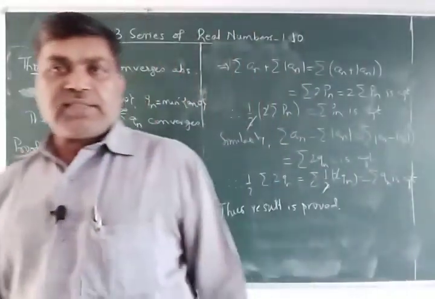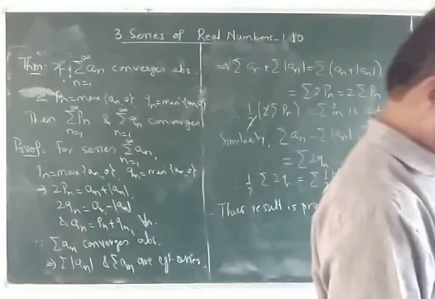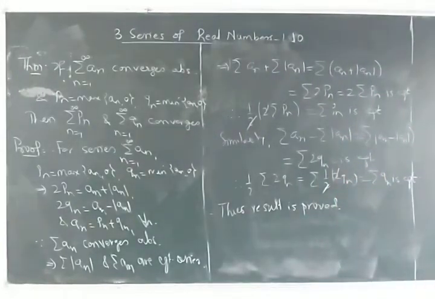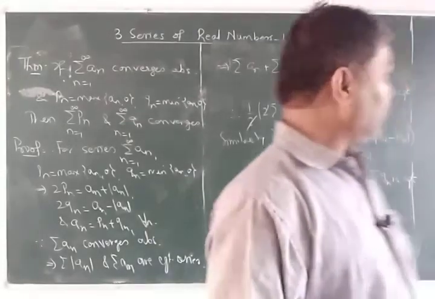But now if that series converges conditionally, then summation P_n and summation Q_n diverge. Okay.